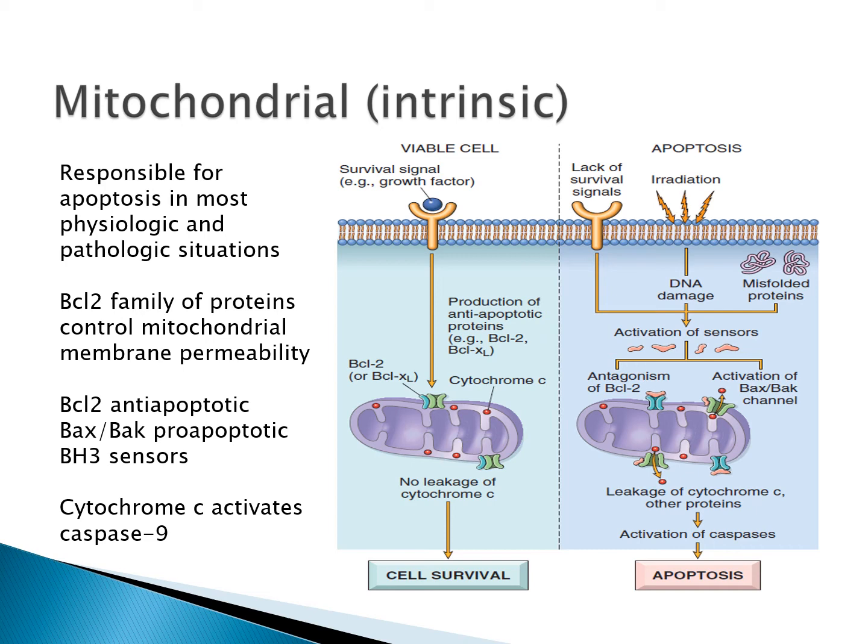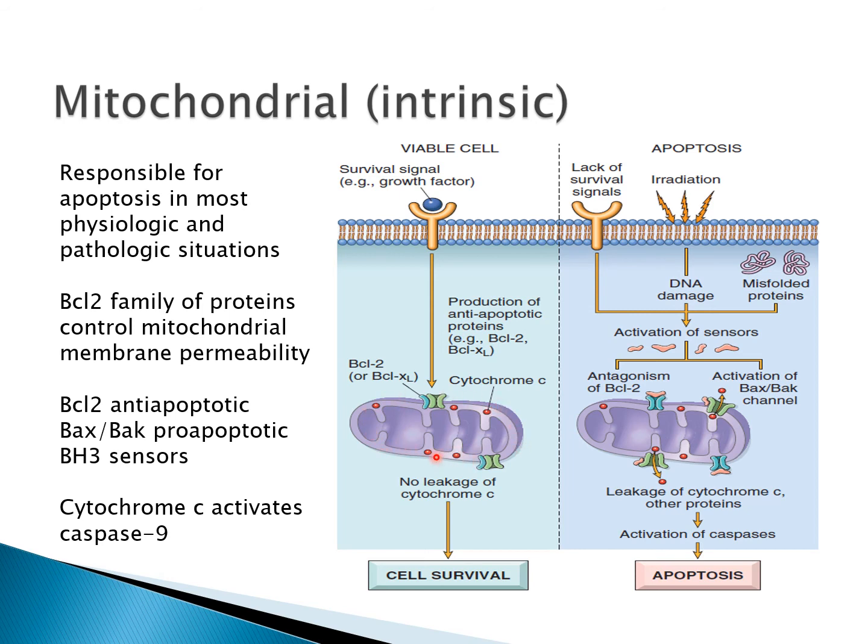So in normal situations, what we mean by normal situations is that the cell is viable, receiving survival signals and growth factors, with no ischemia, no hypoxia, no DNA damage. The cell is receiving messages to stay alive. So these signals will improve the production of the anti-apoptotic proteins, BCL2 and BCLX, which are located in the membrane of the mitochondria.